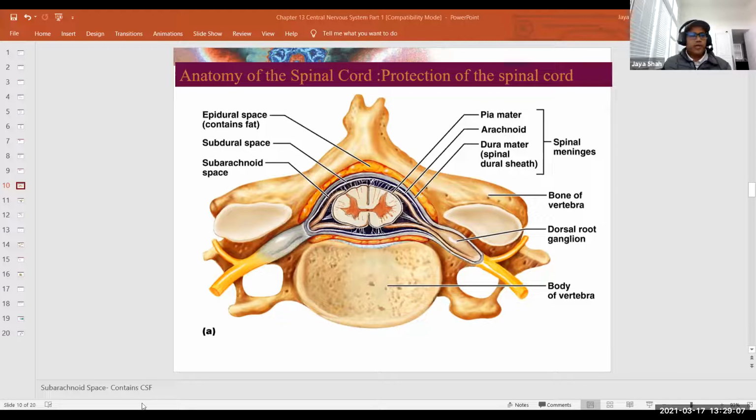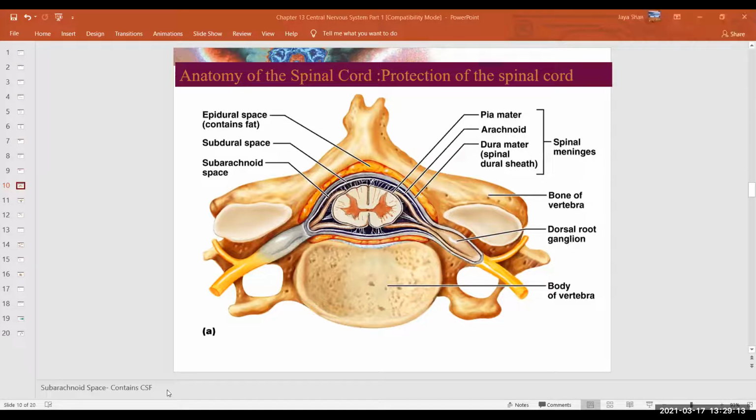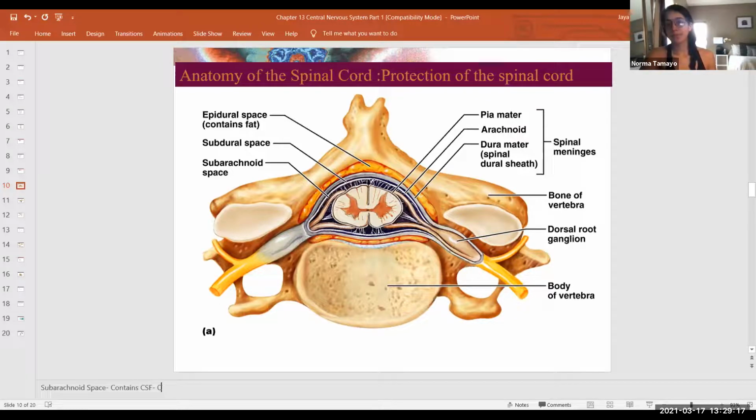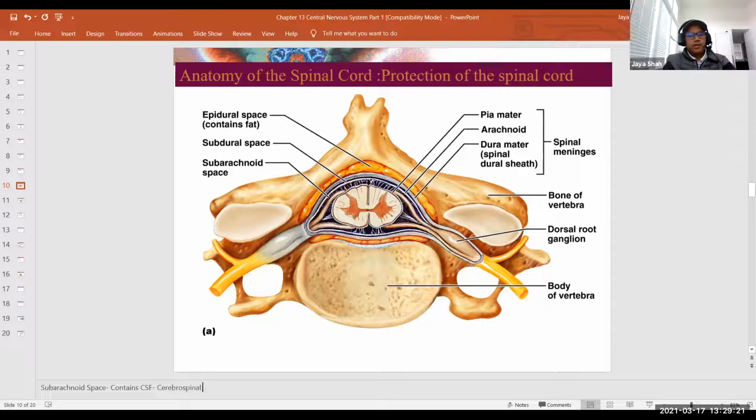The subarachnoid space contains CSF, brain fluid. CSF means cerebrospinal fluid. The cerebrospinal fluid is a filtrate of your blood.